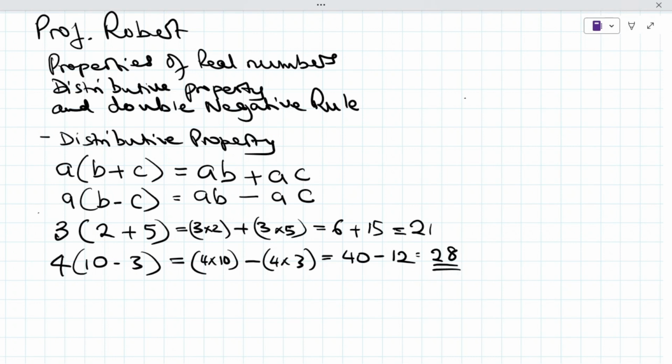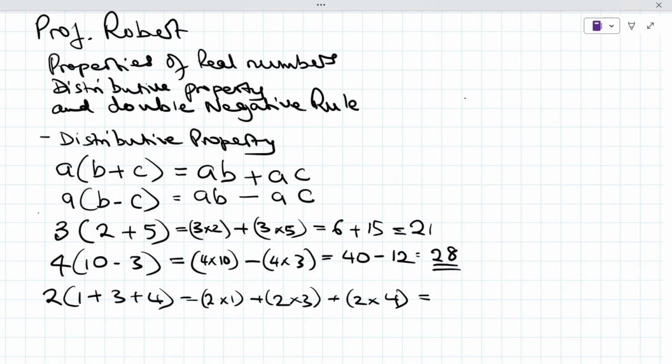So this will be 2 times 1 plus 2 times 3 plus 2 times 4. This one in the end will give us 2 plus 6 plus 8, which will give us 16 as our final answer.